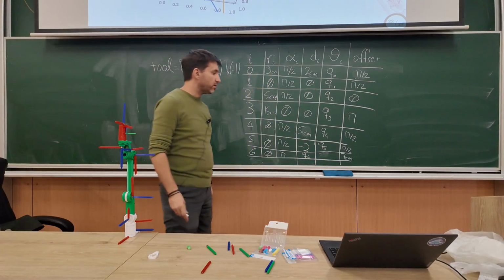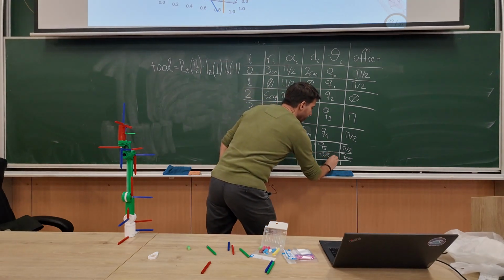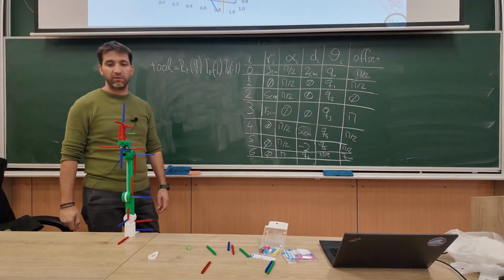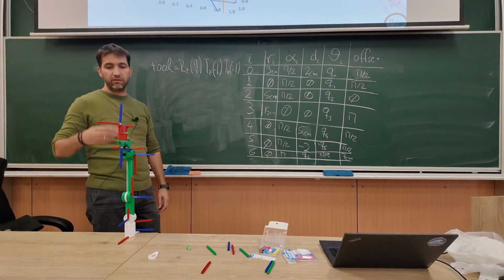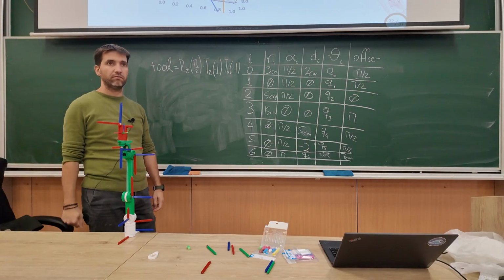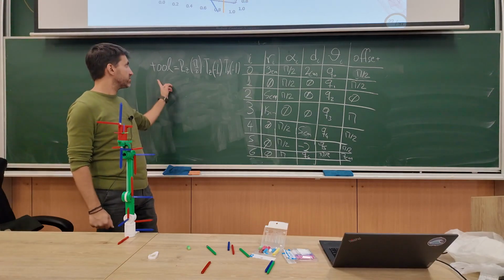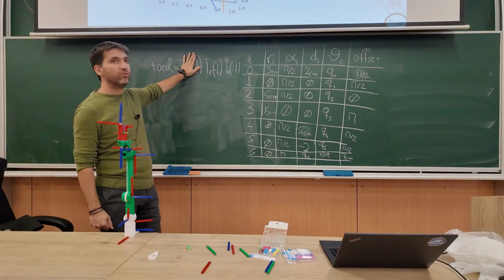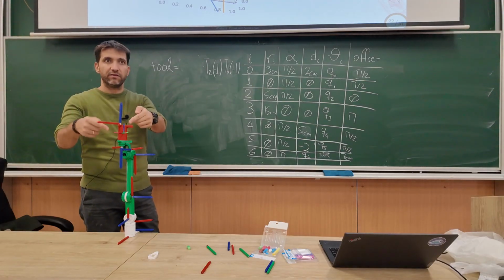Now it's like this, so it would be 90. Would that be the only thing that changed? The distance would be the same. And the last transformation, the tool transformation: here I wouldn't have had this one, because now these two are aligned.